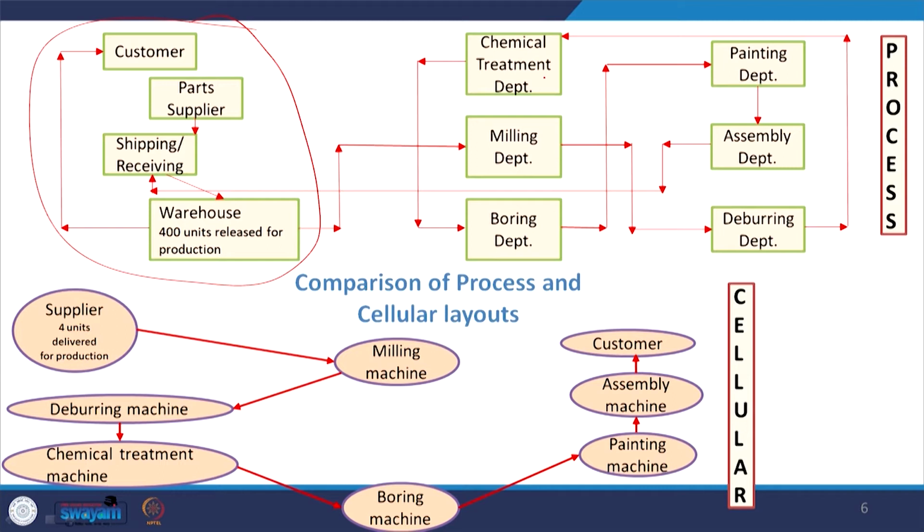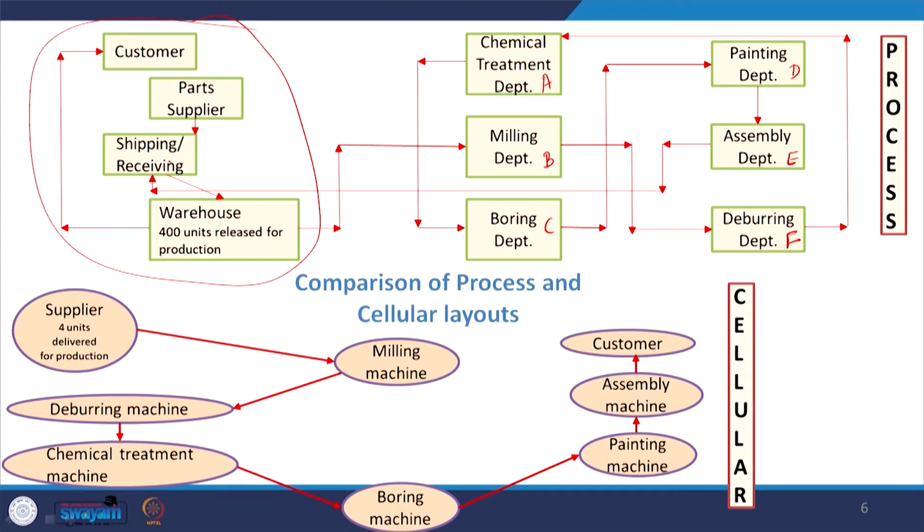So, you can name them as A, B, C, D, E, F. Now, you are seeing that multiple arrows are there for movement of parts from one section to another section, one department to another department, multiple movements are there, because multiple customers are there and customers are requiring different types of parts.